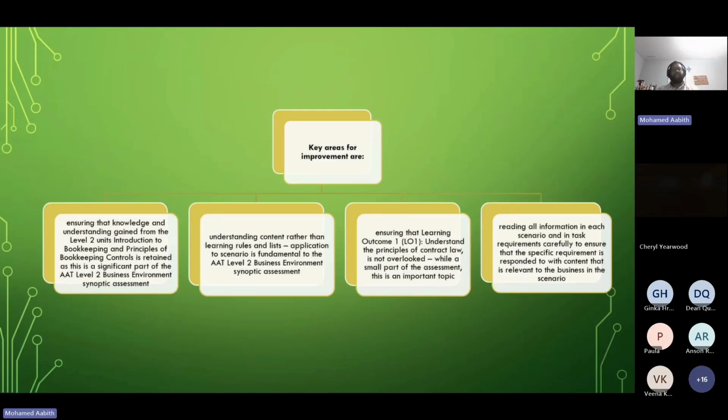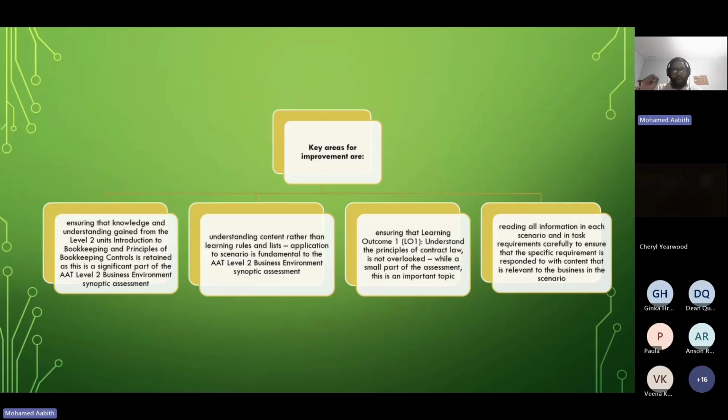So here, these are the key areas for improvement according to what the examiner report says from the AAT website. So they're saying here, ensure the knowledge and understanding gained from the Level 2 Introduction to Bookkeeping and Principles of Bookkeeping Control is retained as a significant part of the Level 2 Business Environment synoptic assessment, because now you cannot let go.